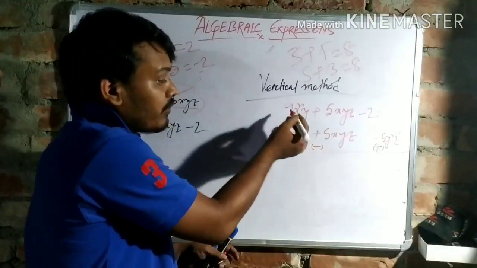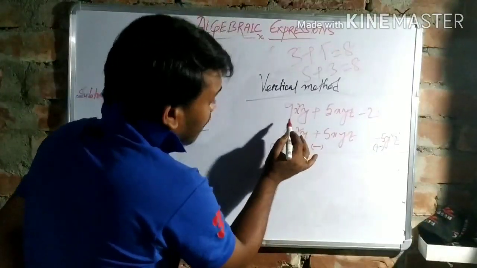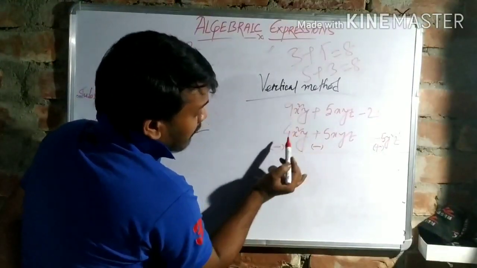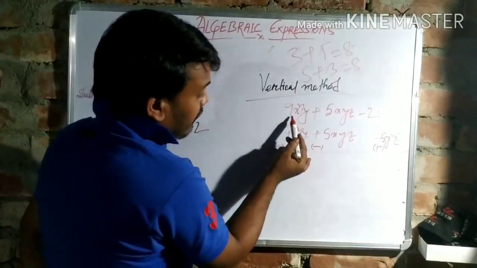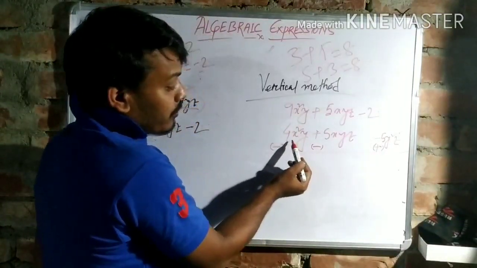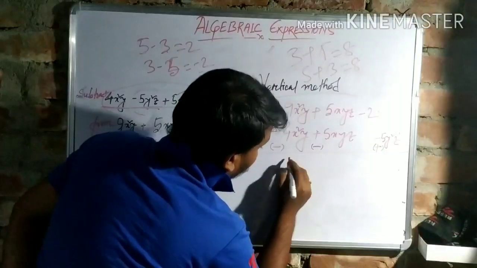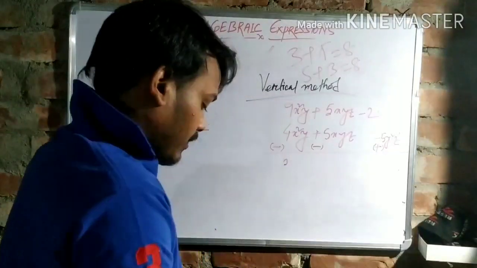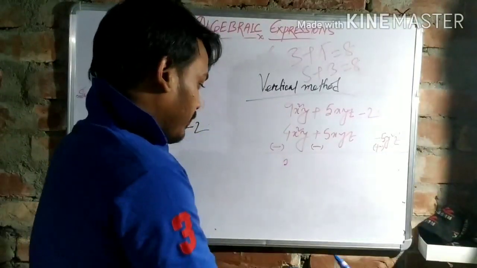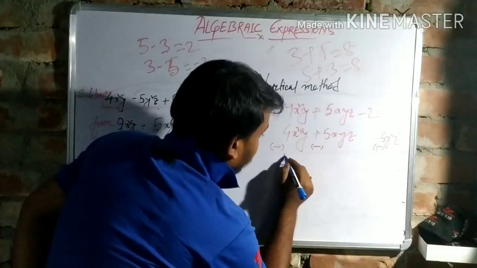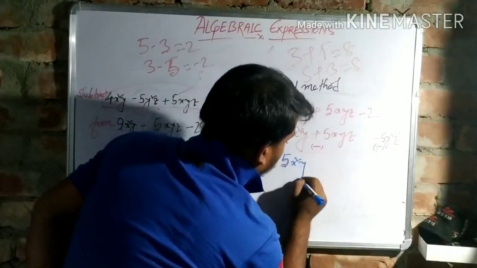So now what is the answer? The sign of this one is plus, the sign of this one is minus. So 9 minus 4, what is the value? 5. 5x square y.